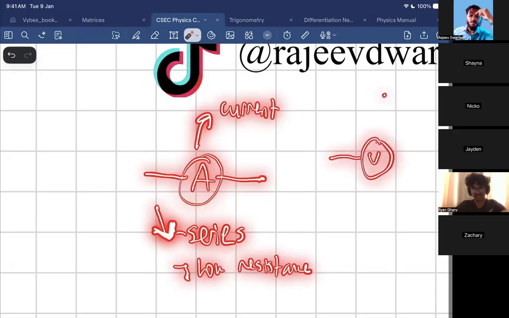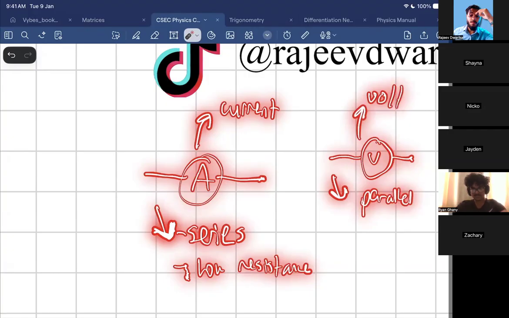What's the name of this component? Voltmeter. I hook up a voltmeter in what? Parallel. What does it measure? Voltage. I could also say what? Potential difference. Right.